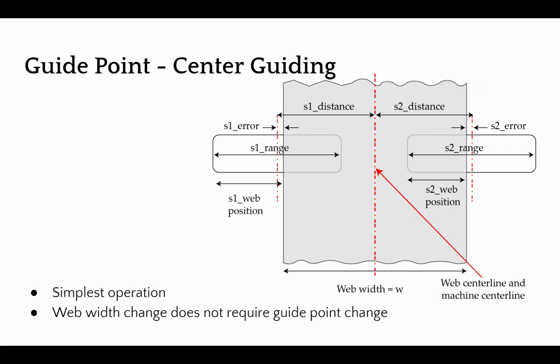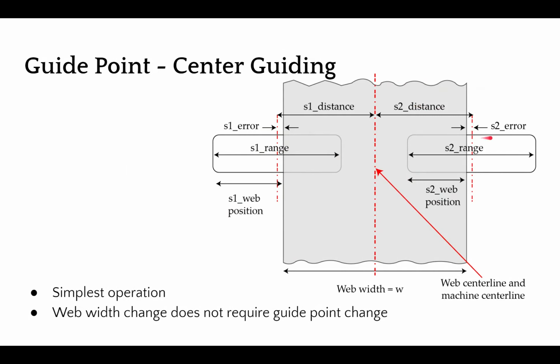And then the movement of that guide point would be seen at each of these sensors as half the change in the guide point. And when we have two sensors, we can come up with all different scenarios, and we can also offset the web guide from the center line position by making some changes to these guide points.